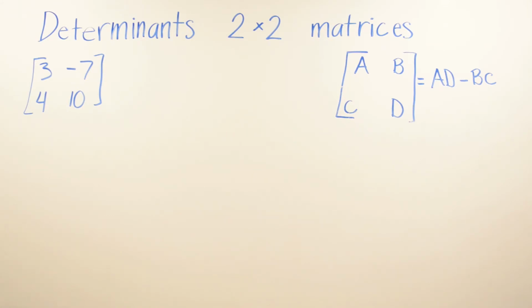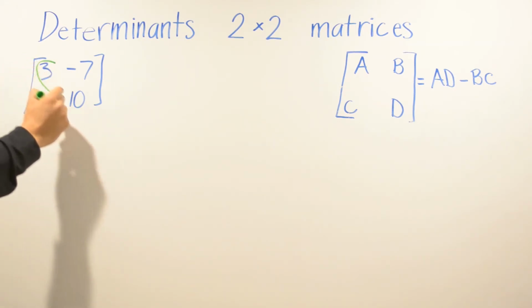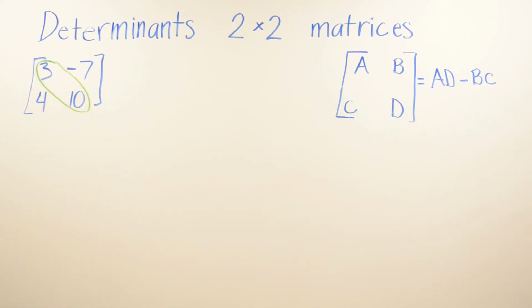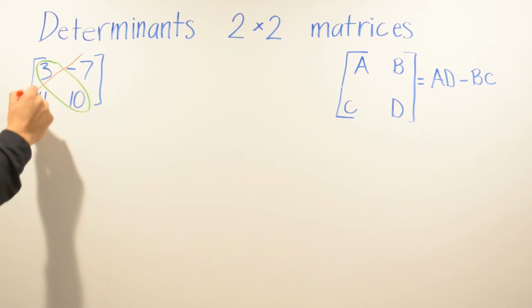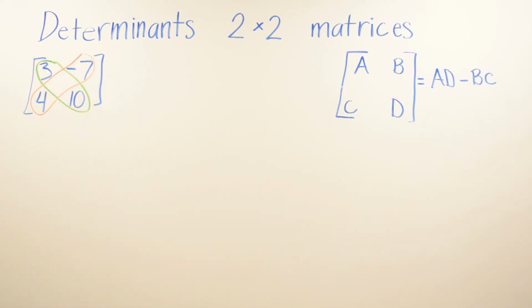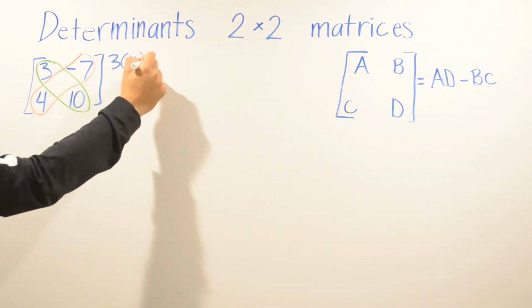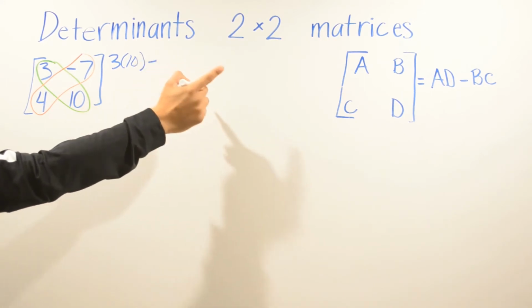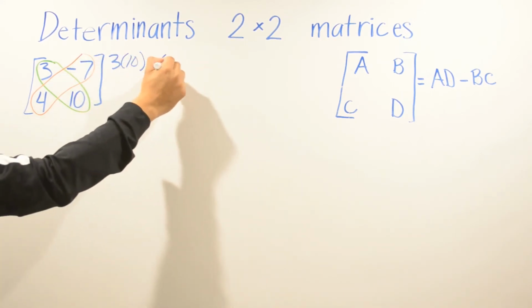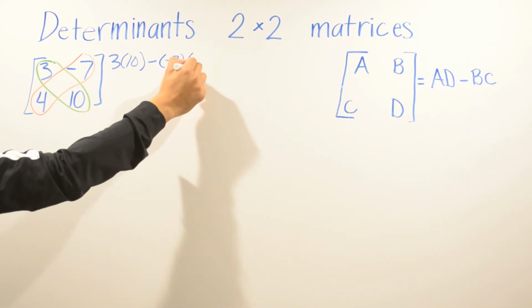Okay, so we know we're going to multiply A and D. So we're going to multiply, like I said, across 3 times 10. And then we're going to multiply B and C, which in this case would be -7 and +4. So now we're going to do 3 times 10 minus B, which is -7, multiplied by 4.